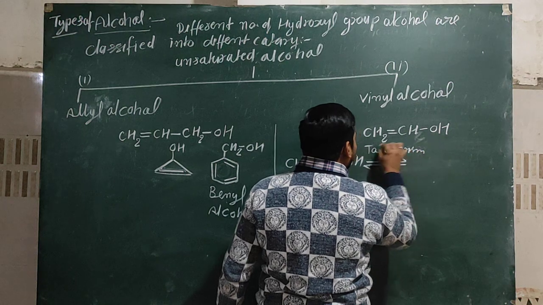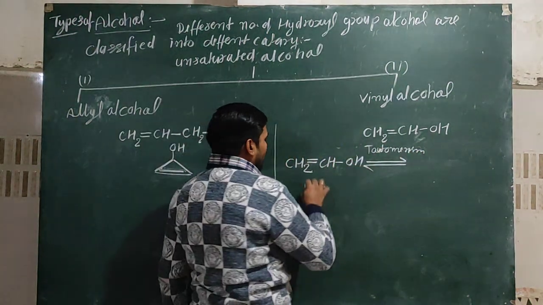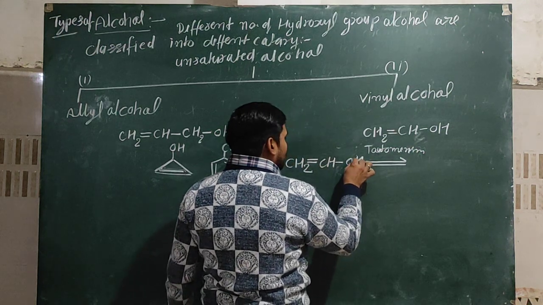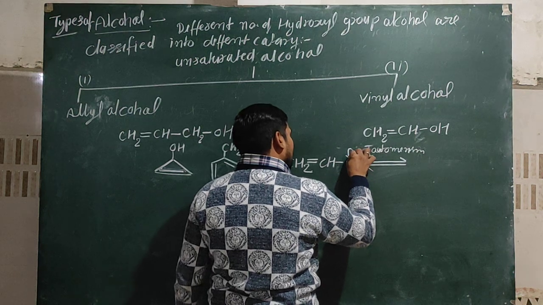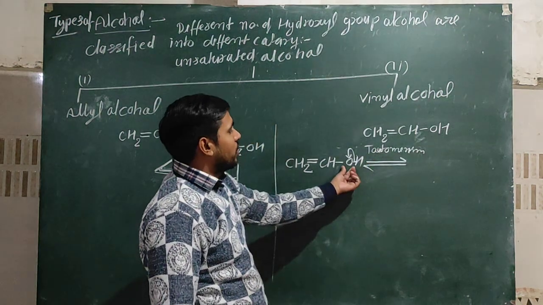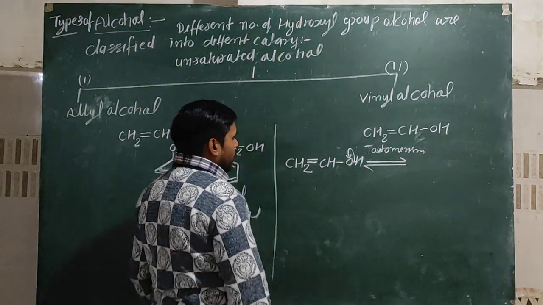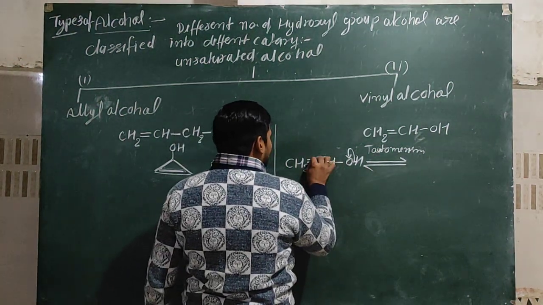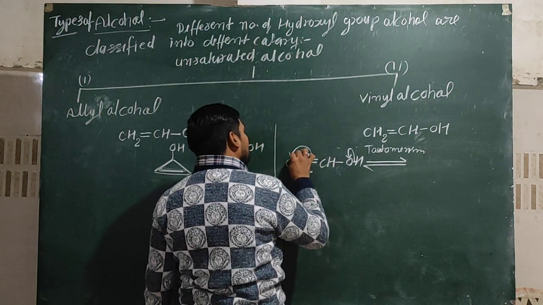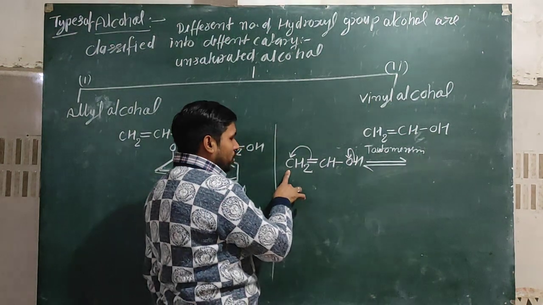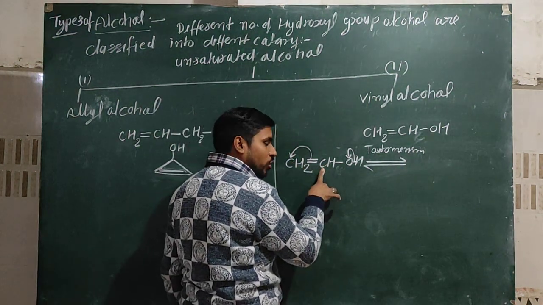by the process of tautomerism, due to high electronegativity, oxygen attracts both the shared electrons toward itself, then hydrogen becomes positively charged, and to maintain this charge, this bond also breaks toward this carbon atom, and this carbon atom becomes negatively charged.